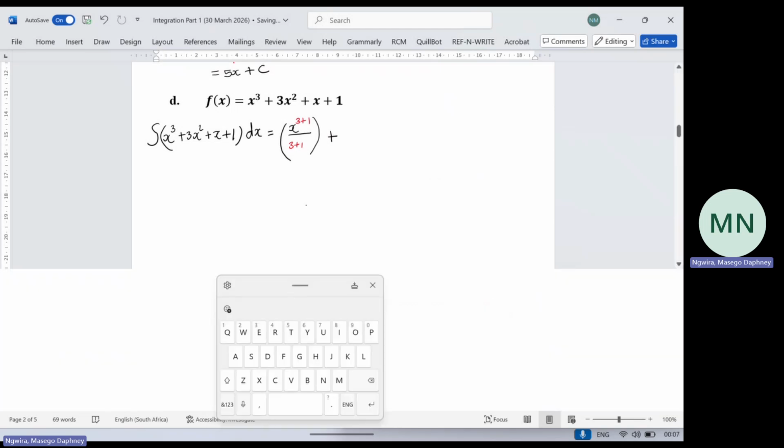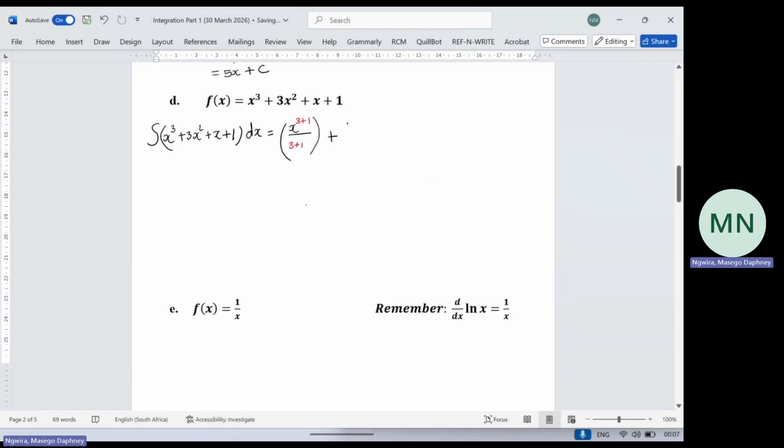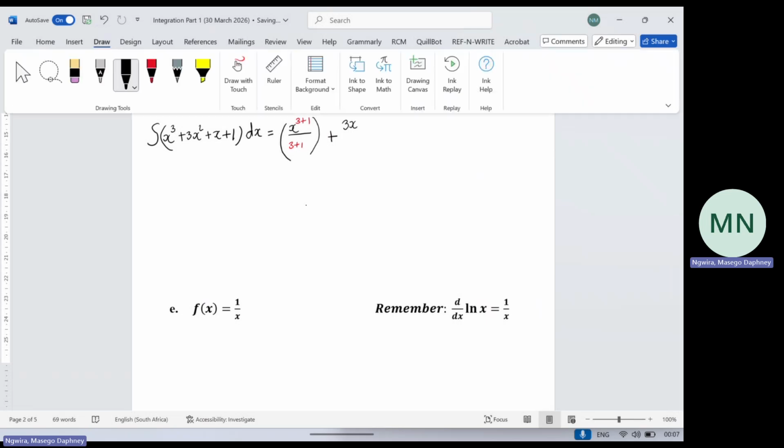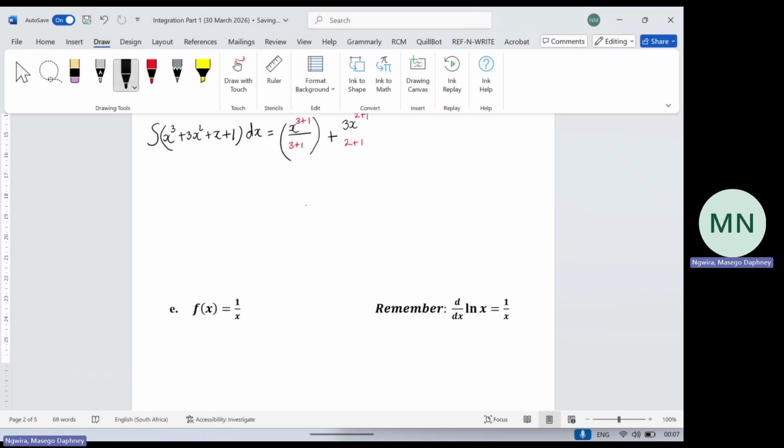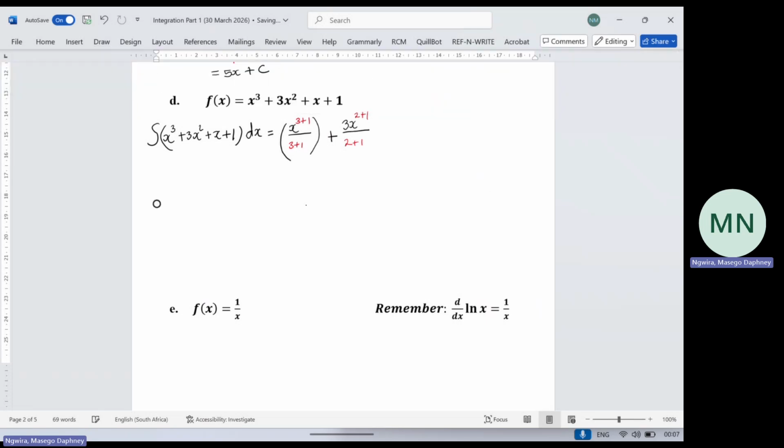So we are going to say 3x to the power of 2 plus 1. So it's 2 plus 1, then over 2 plus 1. Okay. So I am going to use this bracket. And then it's a plus.